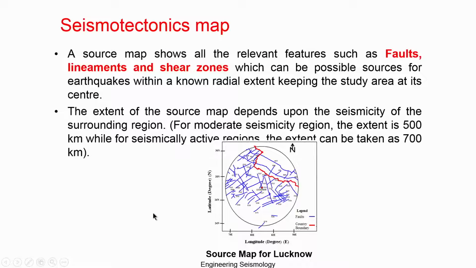So all this information needs to be compiled and prepared as a seismic source map, which has to indicate all the faults in the region, the active faults in the region, from remote sensing, field observation, photo studies, and literature as on date when you are doing the hazard analysis.